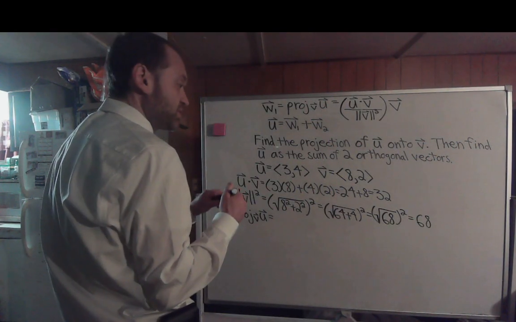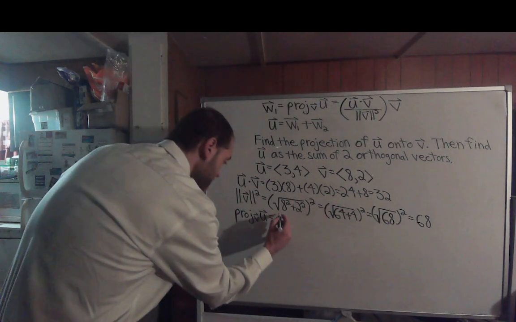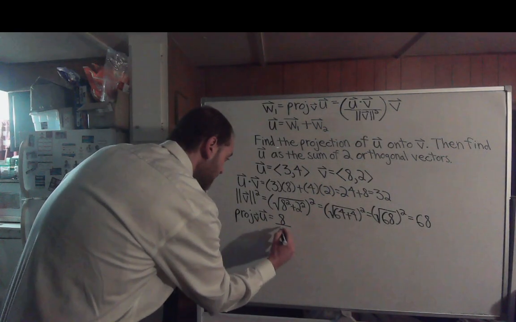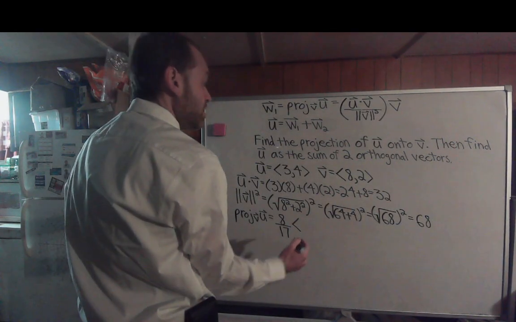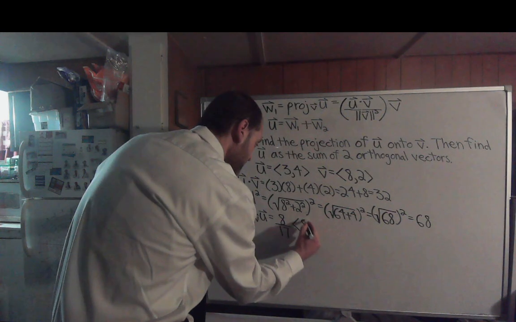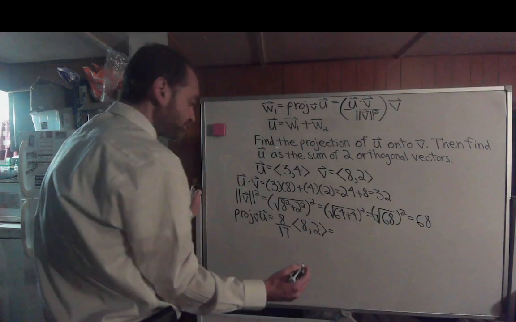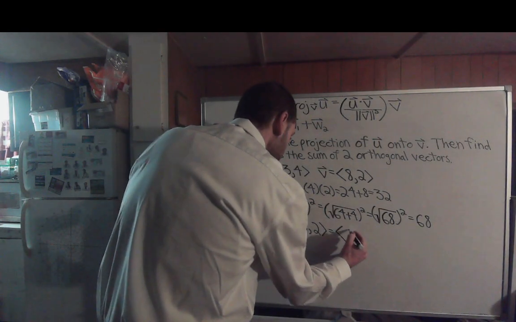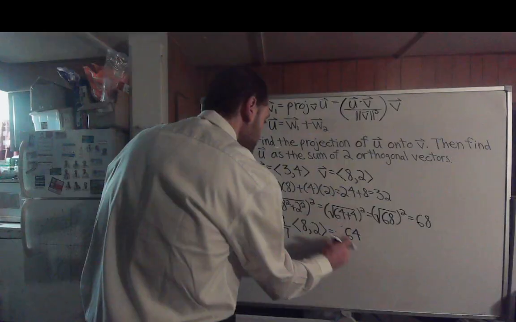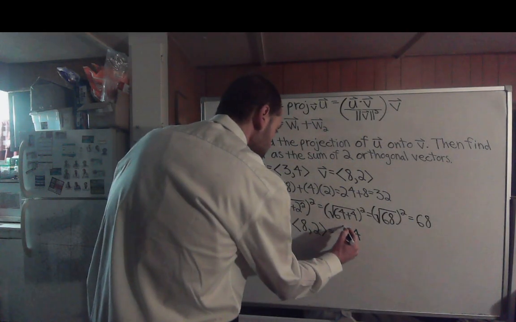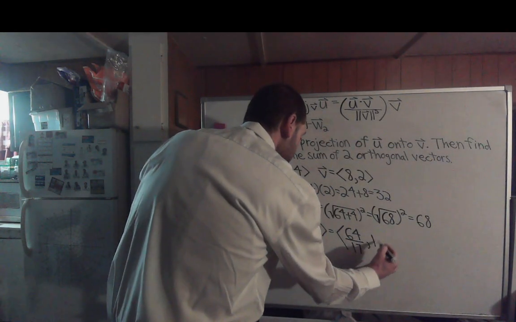Well, 32 over 68 is going to end up being 8/17 in reduced form. 8/17 times vector v, which in this case is 8, 2, which would end up being 64/17 and 16/17.